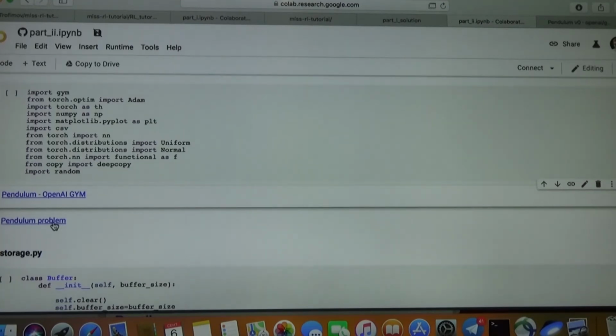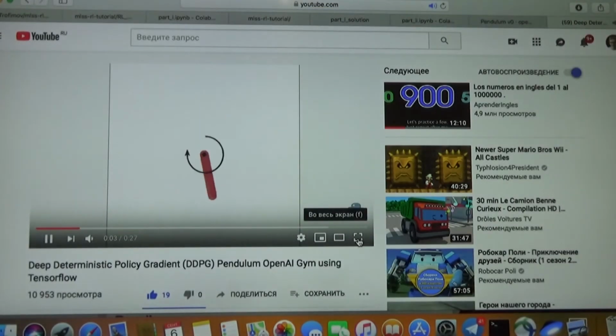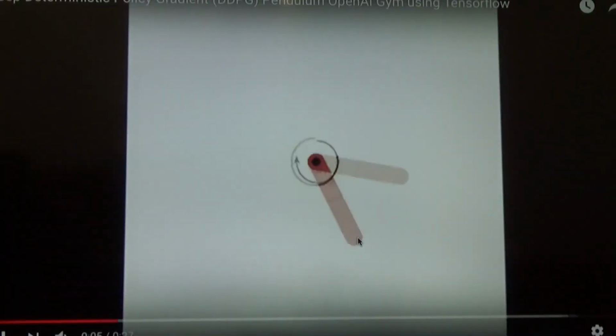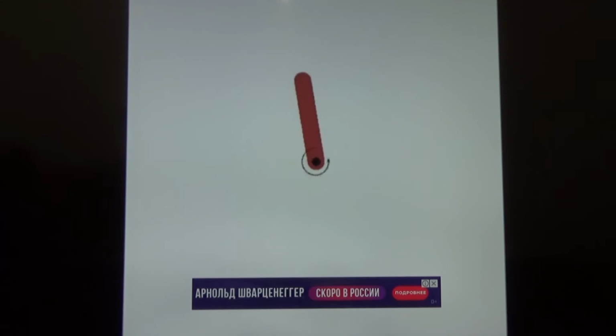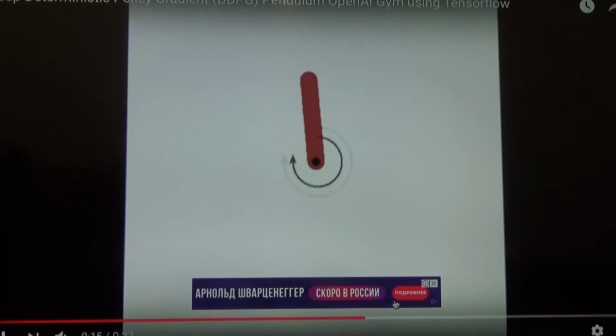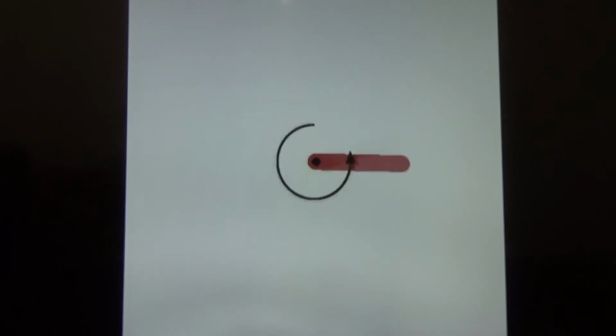Let me show you the video about the pendulum. So what's going on here? We have a pendulum based on a physical model with gravity and no friction. The agent can rotate the pendulum clockwise or counterclockwise, and the goal is to keep the pendulum in the upward position.